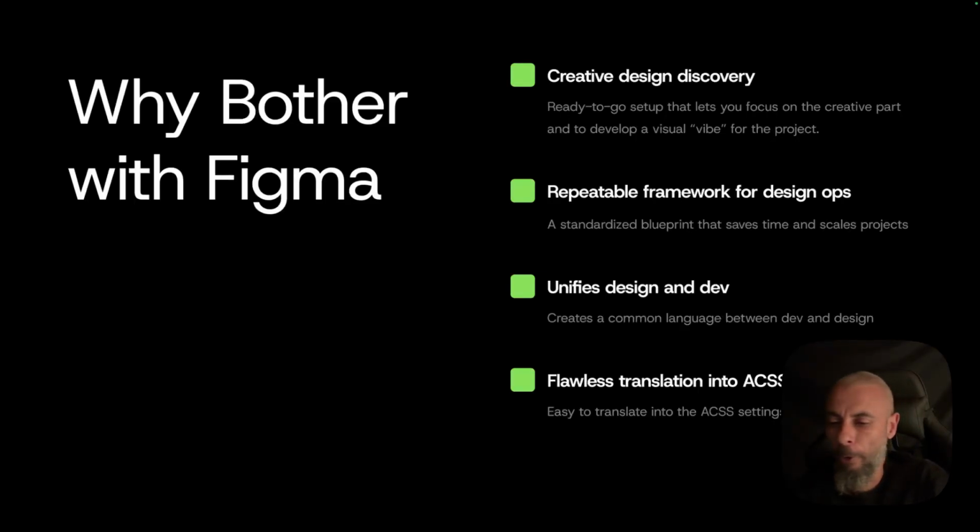So in Automatic.CSS, for example, the primary color is also defined in Figma. Spacing is also defined in Figma. Whatever is important and is defined in Automatic.CSS is defined in Figma.